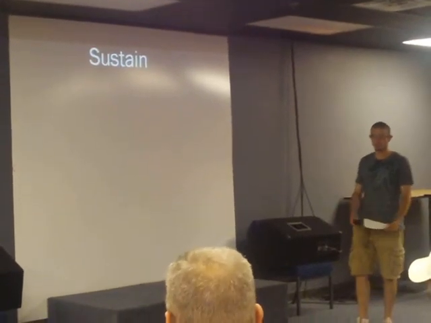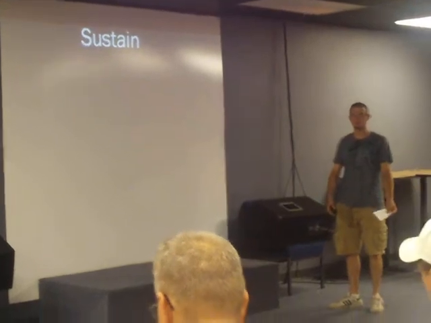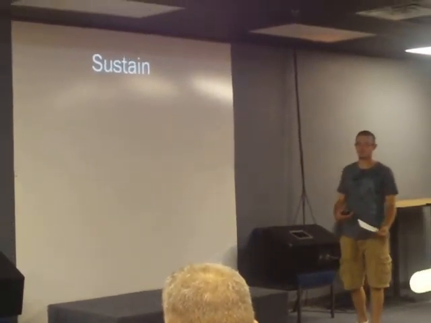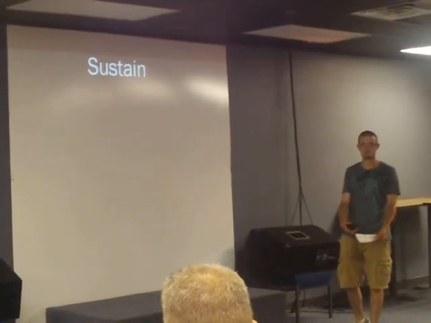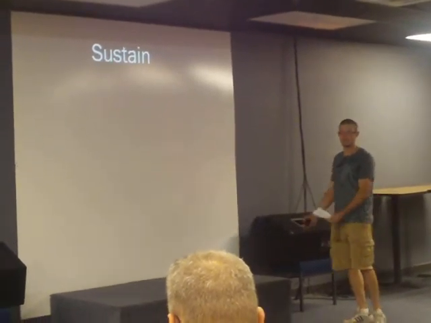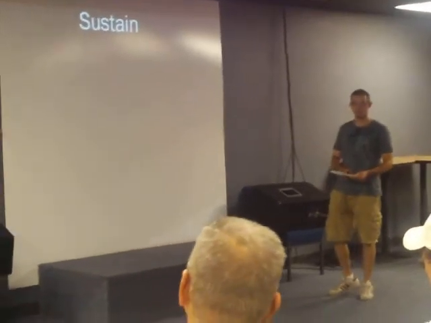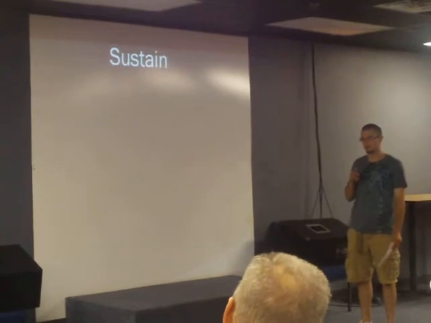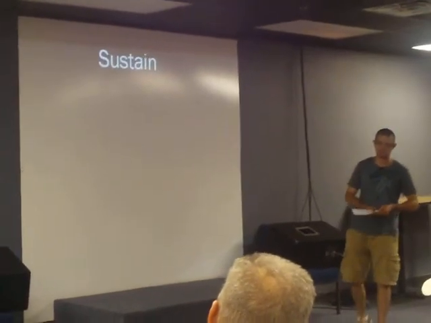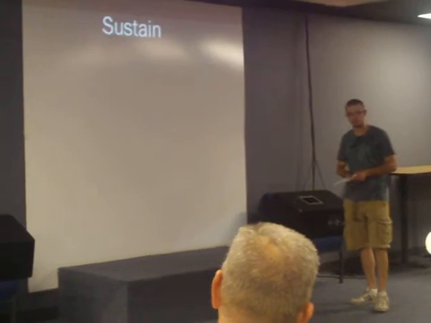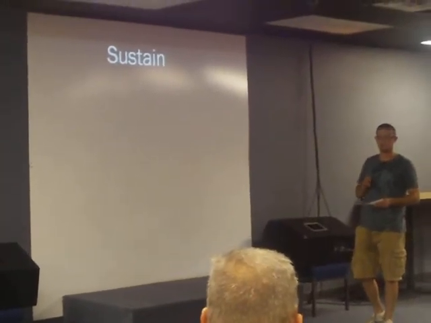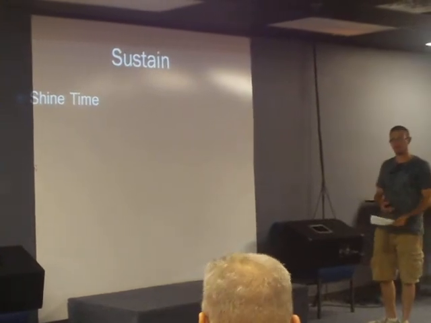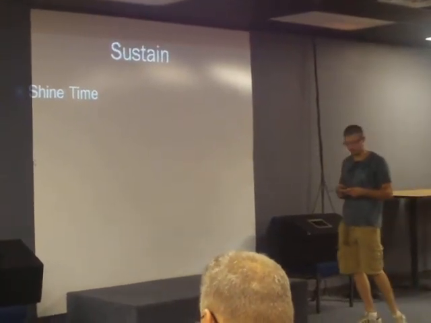Finally, you have to sustain this process. It doesn't do you any good to make the effort to put forth a 5S system if you can't sustain it. You have to make sure that your sorting stays organized, that there's not clutter that continues to get added, that you leave in there shine time, as some people have called it.